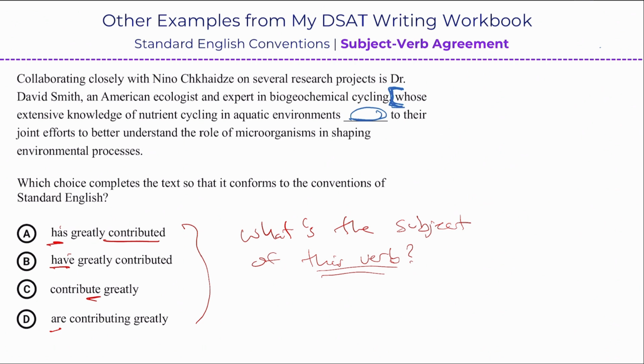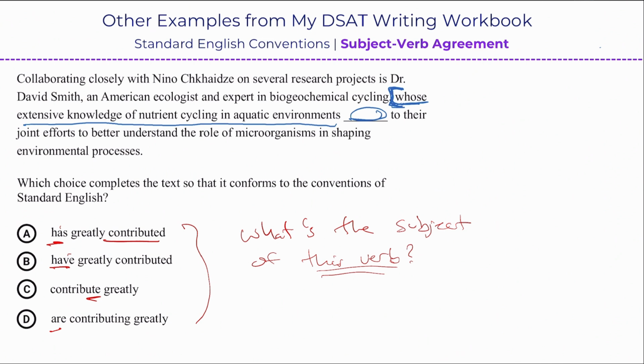Okay, so when I'm reading this, the complete subject of this dependent clause says, whose extensive knowledge of nutrient cycling in aquatic environments. That's the complete subject of this dependent clause. Now the simple subject of this dependent clause is going to be, you guys know? The simple subject is knowledge, right?